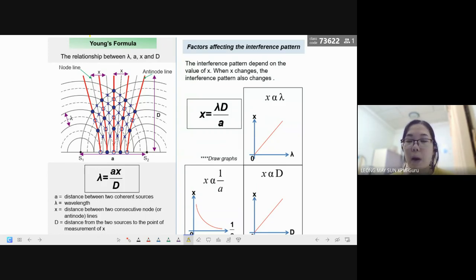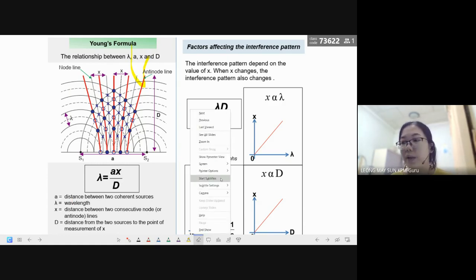The interference experiment was actually found by a scientist named Young. I've forgotten what's the other name already. So we always keep saying it's Young's formula, Young's double slit experiment. It's actually an interference experiment, because for refraction and diffraction, there are no specific names.